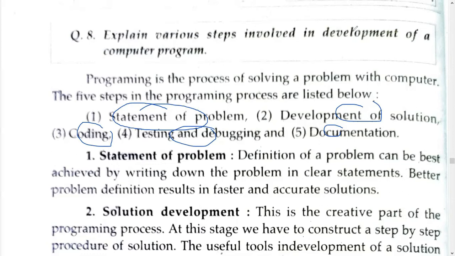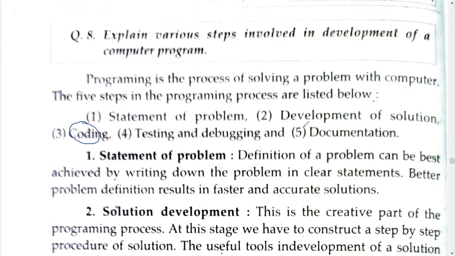The next one is development of solution. You have to plan step by step how to execute that program. And once you plan the step-by-step process, you will start working on the coding part, taking any language.